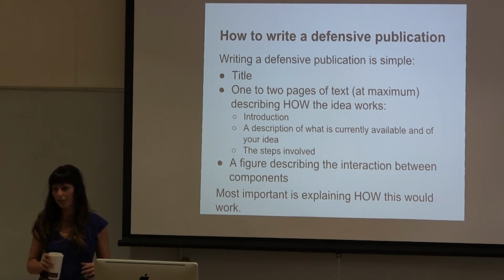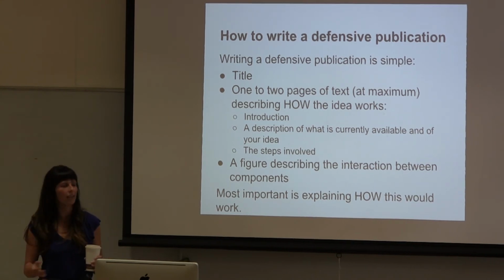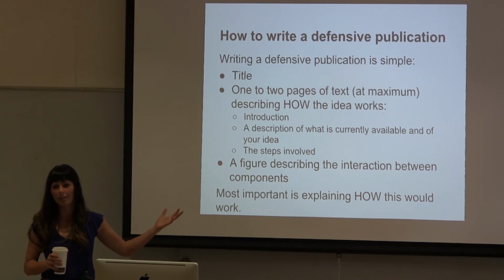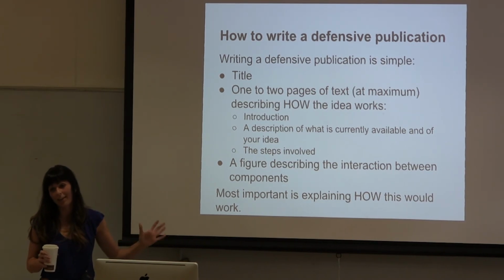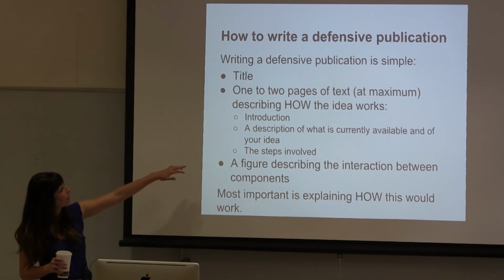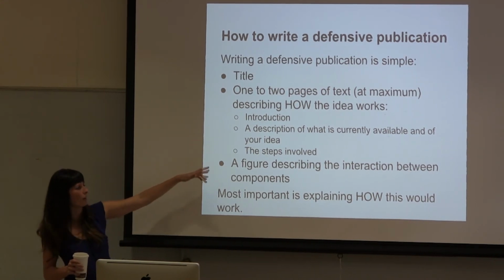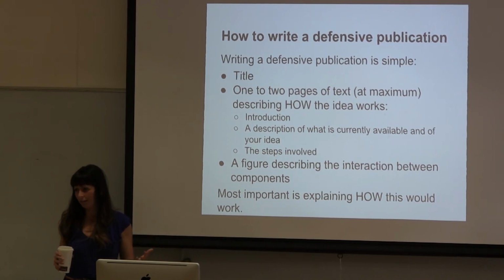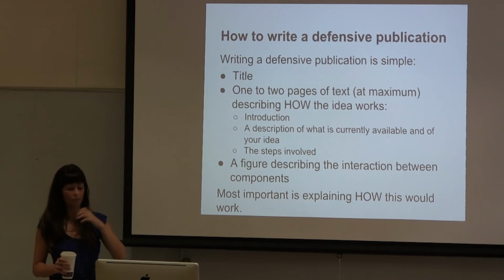For a patent to be issued, you have to show that it actually does the job that you say it does. Here, it's an idea that you have, and you're going to try it out. And if it doesn't work, well, hey, that's OK, because it doesn't have to. But the most important part of this entire process and this document is actually explaining how you would envision your technology to work.